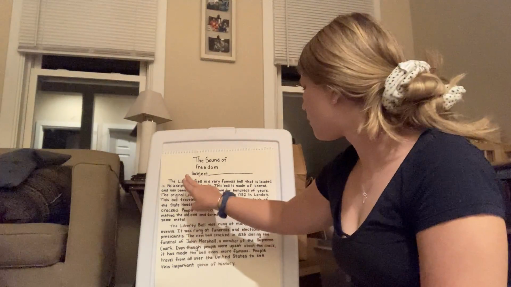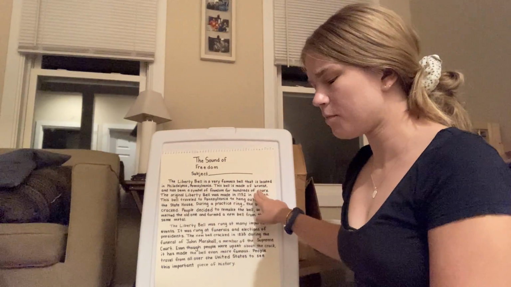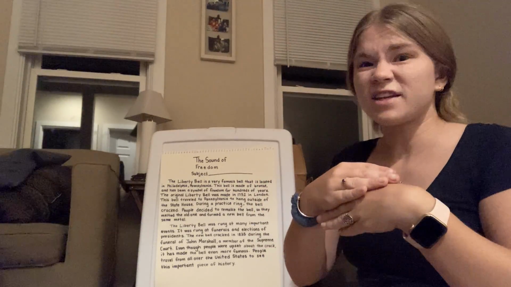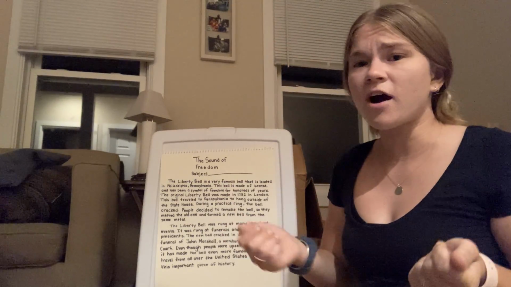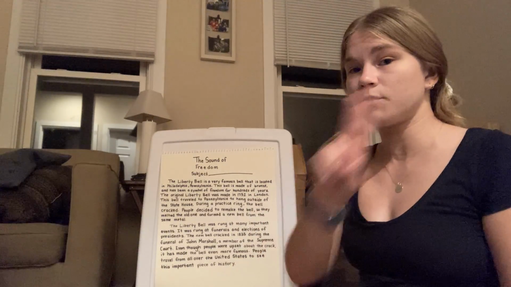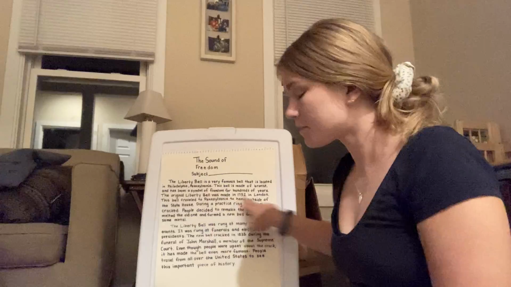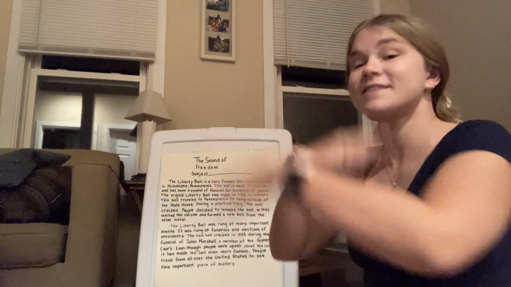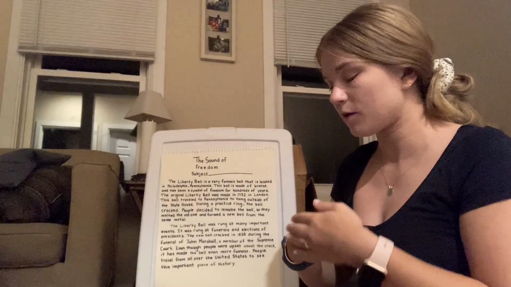So we need to skim the report and look for the naming word that's most often repeated. That's what we're going to do every time we come across a report where we need to find the subject. We need to skim the report and look for the naming word or phrase that's most often repeated.